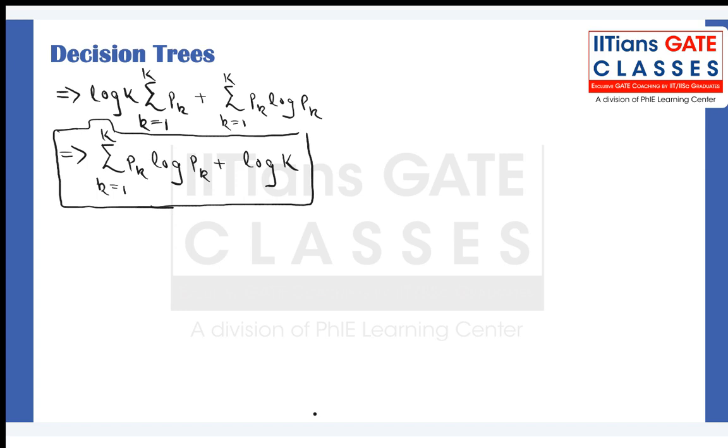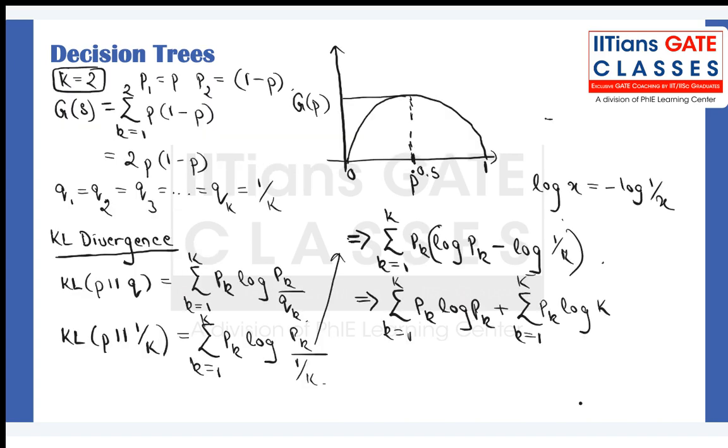So this equation, I claim I have to maximize. Why? I have to find the value of P or pk that maximizes this equation. Again, log K is a constant, I can ignore. KL divergence compares how different two distributions are from each other.